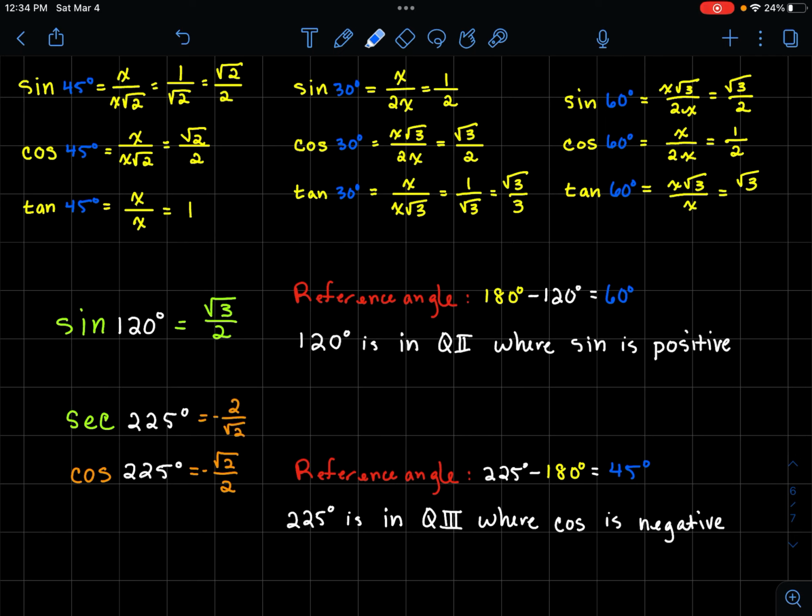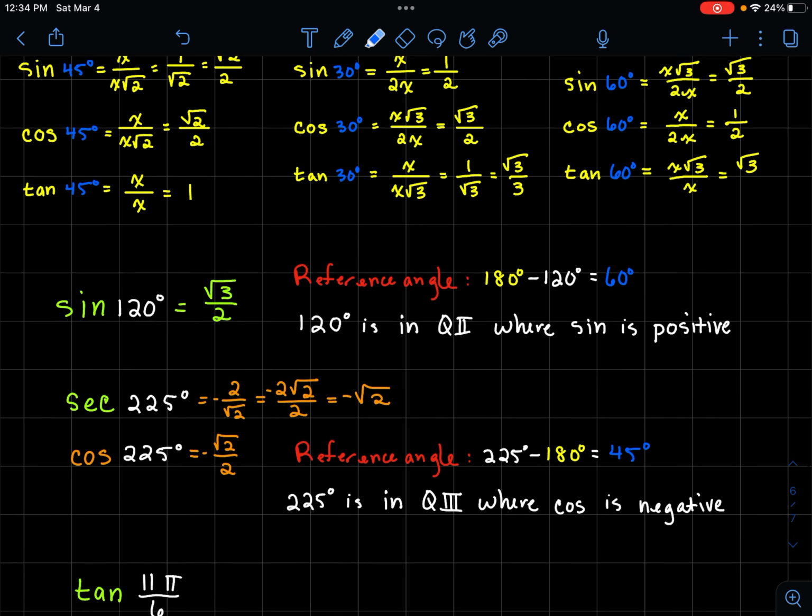So we flip our fraction, rationalize our fraction, which gives us negative 2 root 2 over 2. And then finally, the 2 on the top from the negative 2 and the 2 on the bottom cancel out. The secant of 225 degrees is negative square root of 2 over 2.